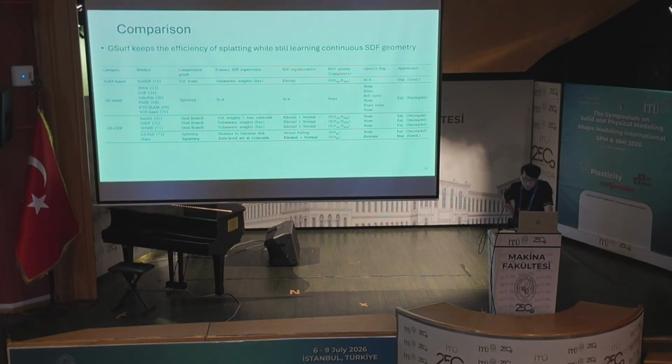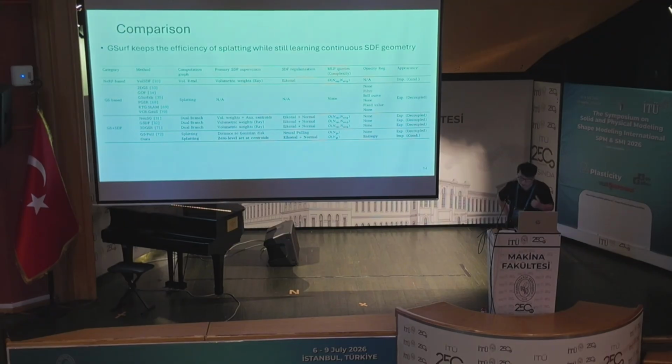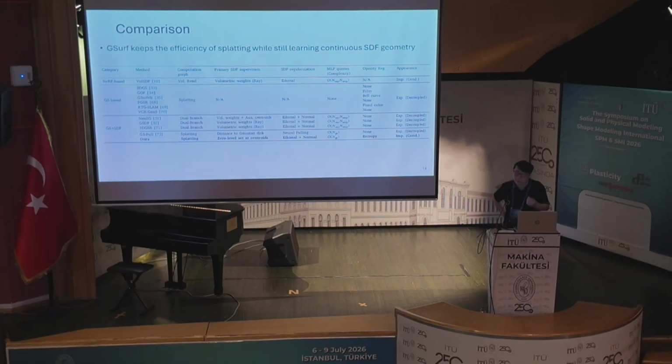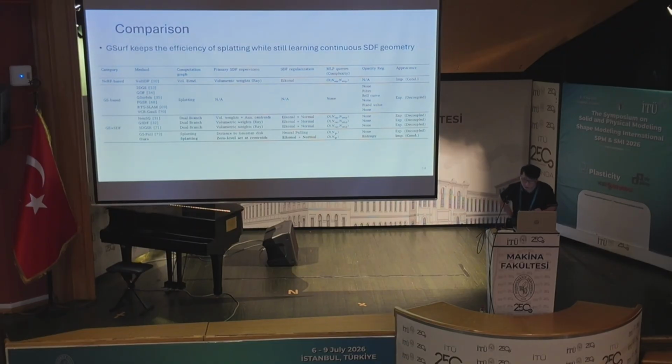It supervises the SDF at Gaussian centroids, and also uses geometric regularization, such as Eikonal and normal regularization. The time complexity is proportional to the number of Gaussians, instead of the number of rays multiplied by the number of samples. That is the complexity for volume rendering-based approaches, but we avoid volume rendering altogether.